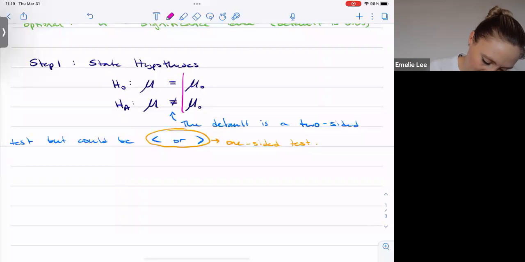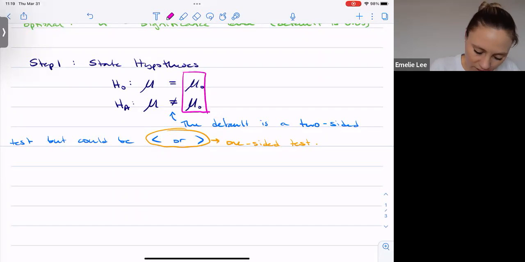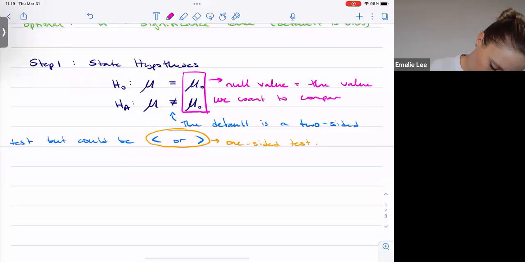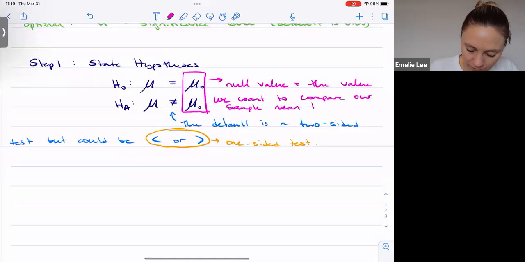And then, so here, the hypothesized value, so this is the null value, which is the value we want to compare our sample mean to. I can't stress that enough, right?